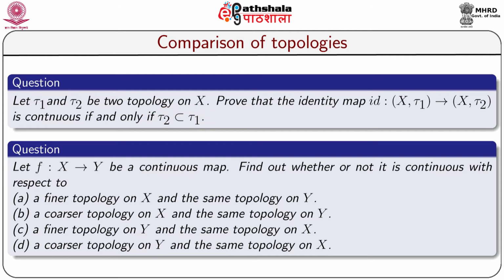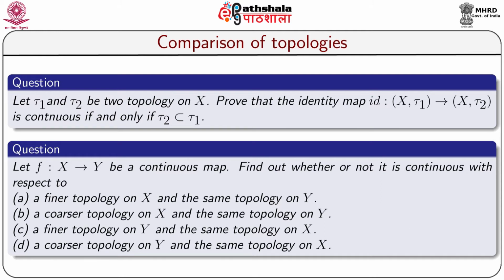In fact, what does the identity map do? Identity map takes any set to that set. So, for the identity map from tau 1 to tau 2 to be continuous, tau 2 must be contained in tau 1.